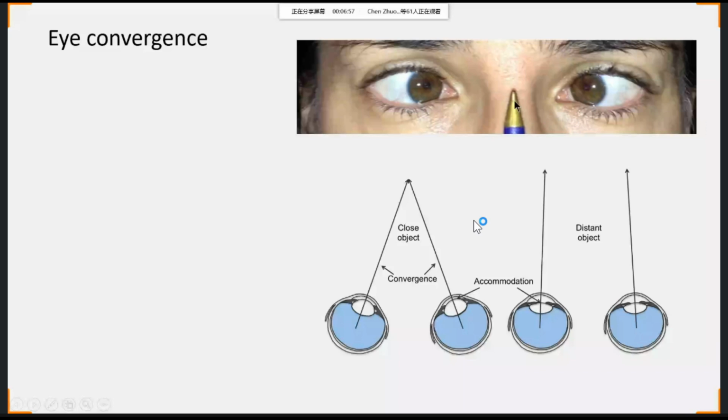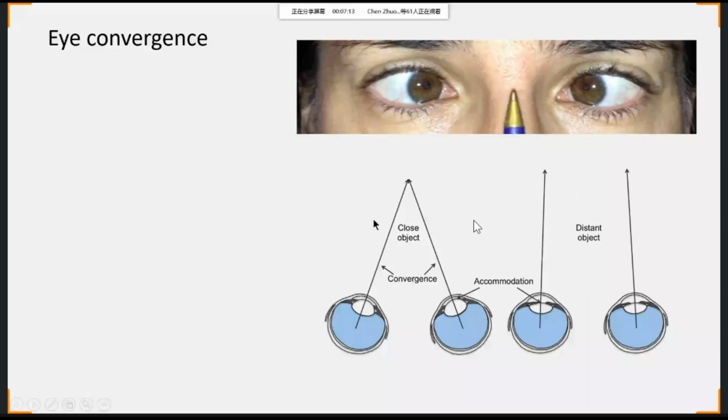Or if the object is at a large distance, then our eyeballs move in the other direction, so that we can see this object and focus on that.